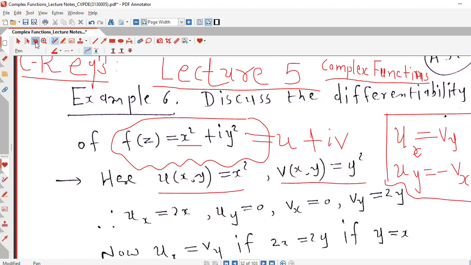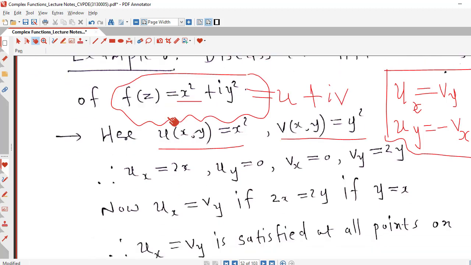To check Cauchy-Riemann equations, we will require first order partial derivatives of u and v. So del u by del x is 2x, del u by del y is 0, because while we are differentiating with respect to y, we consider x as constant. So x is constant, therefore x square is constant. So the derivative of u with respect to y is 0.